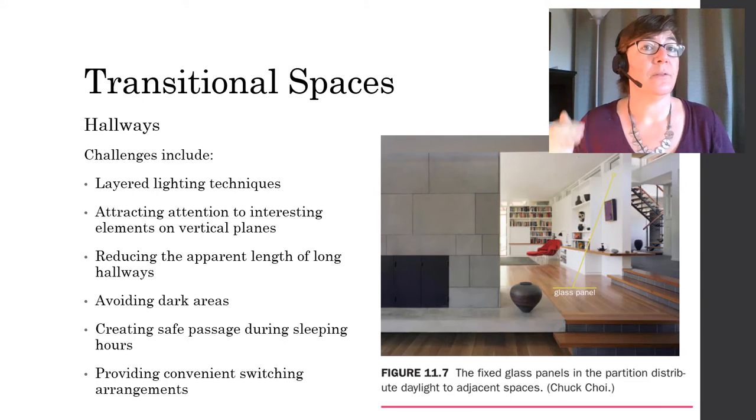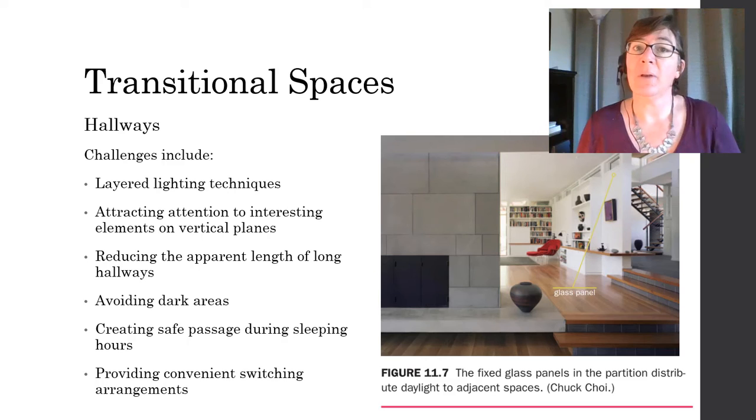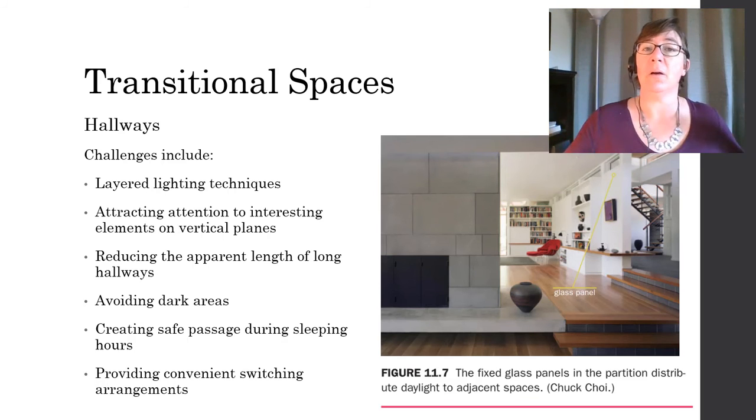But you also want to be able to dim the lighting and provide low lighting for sleeping hours. And switching can be difficult because of the long, thin passageway. So you'll want to consider carefully if you want three-way switches at each end of a hallway, etc.